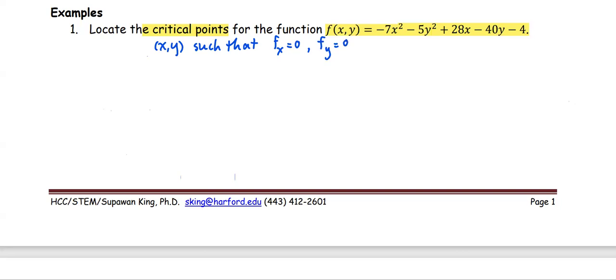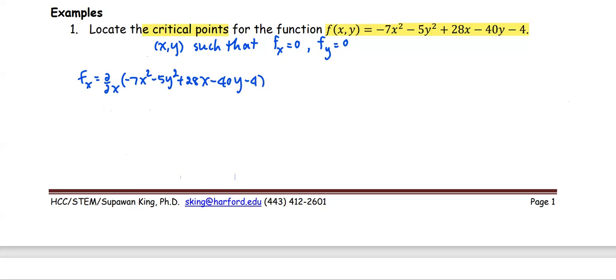That means we are going to first find the partial derivative with respect to x of negative 7x squared minus 5y squared plus 28x minus 40y minus 4.